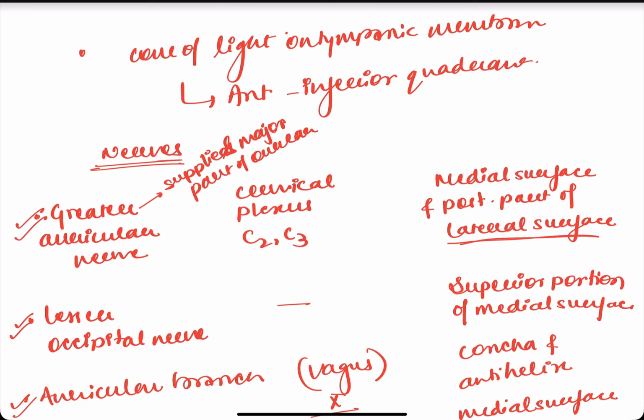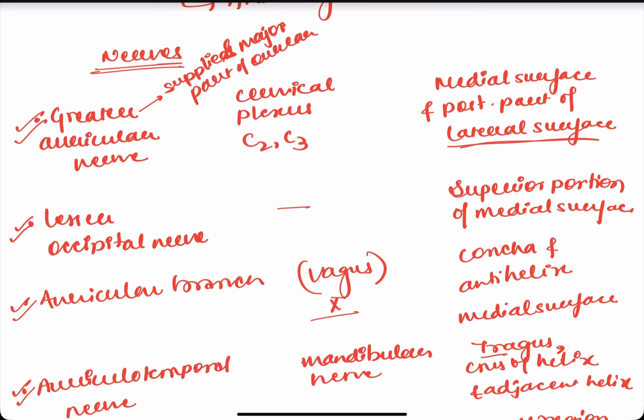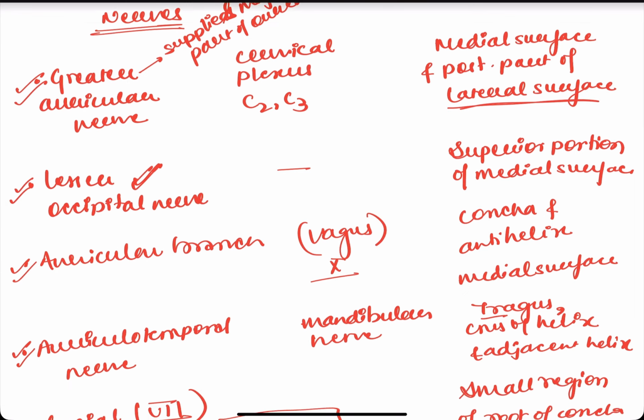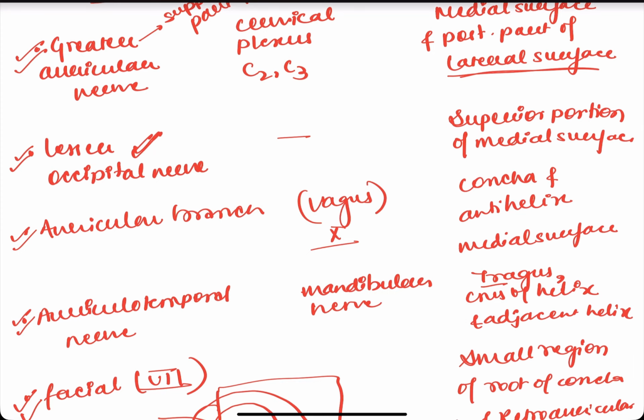Next, if a patient has numbness and tingling sensation at the upper part of the medial surface of the pinna, then that is due to the lesser occipital nerve. Next, if a patient coughs when removing excess cerumen from the ear, coughing is due to the vagus nerve, and the branch of the vagus nerve is the auricular branch.